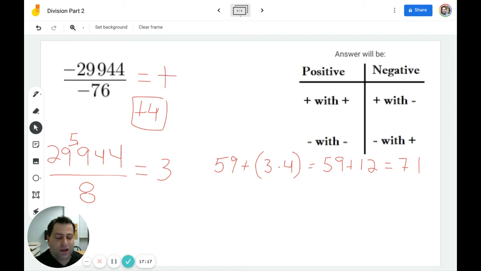71 goes into 8 times. 8 times 8 is 64. 71 minus 64 is going to be 7, right? 64 plus 6 is 70 plus 1.